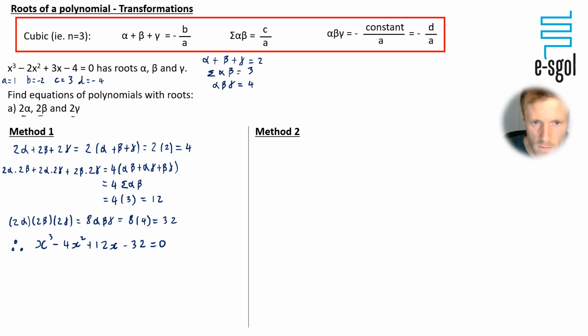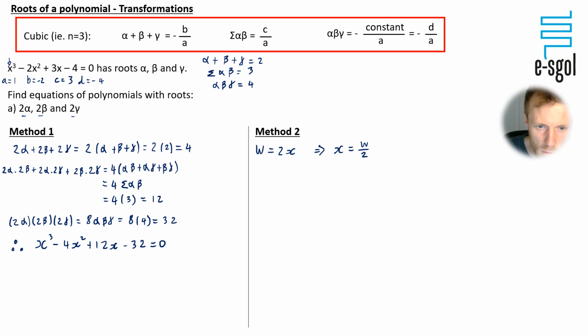The alternative is we will basically say that each of the roots is going to be double, so we want to use a substitution. Use a letter such as w equals 2x, and then that implies that x is w over 2, and in our equation we're going to substitute in w over 2.